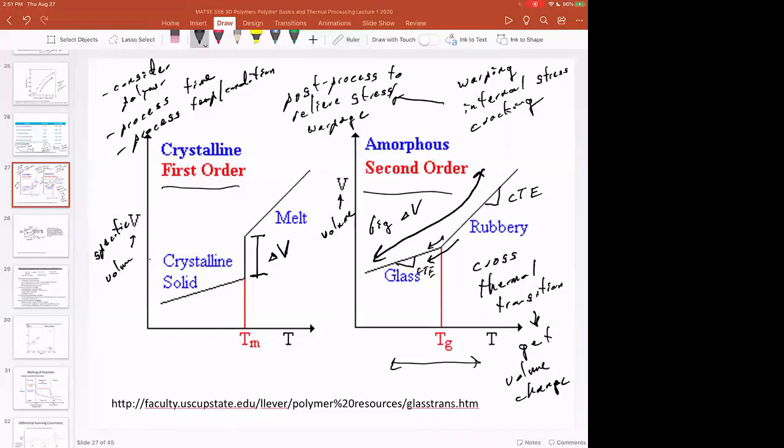But then we'll go on to SLA, powder bed fusion, all the different processes in the ASTM diagram that have to deal with polymers and composites. And eventually we're going to talk about how this picture changes for composites. What does TG and TM mean for composite materials? And so we're slowly building our way up the picture of how polymer science and additive manufacturing intersect along with composites.